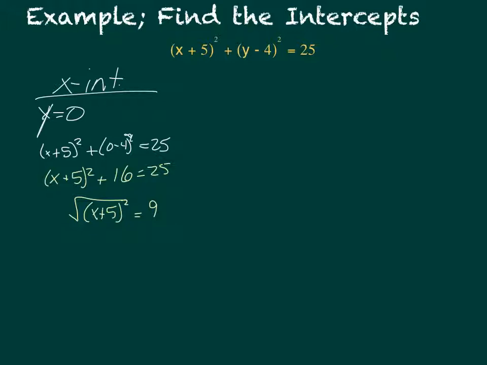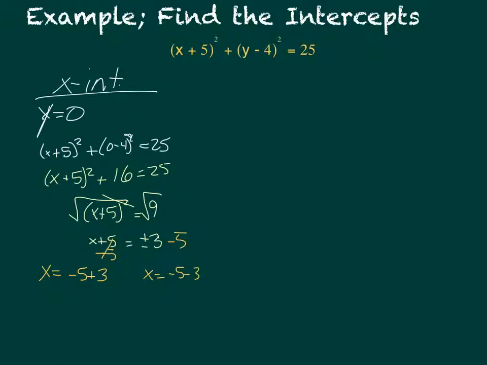So then I take a square root of both sides, and I have x plus 5 equals positive or negative 3. Make sure when you take a square root, you do the positive and the negative. Okay, so now at this point, I add or subtract the 5 over, and I can split it up. So what I have is x equals negative 5 plus 3, or x equals negative 5 minus 3.